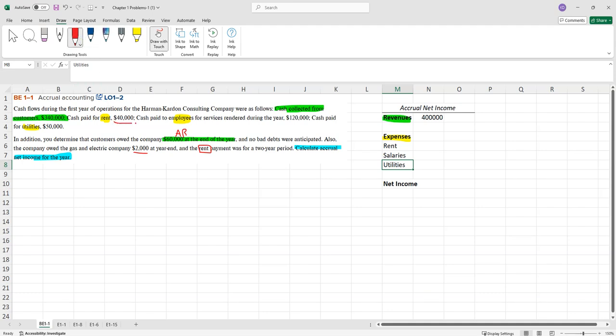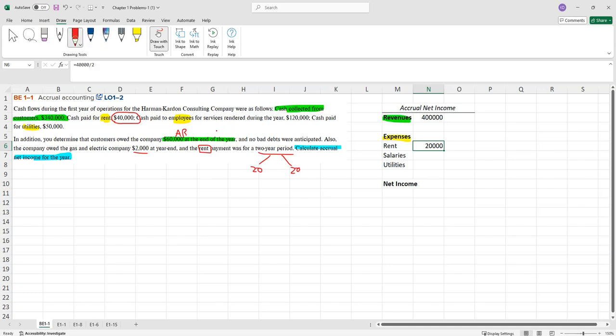We know that we paid 40,000 in cash, but here's the deal, that's for a 2-year period. So that was prepaid rent, of which 20 we used in the current year and 20 we'll use in the next year. So this is going to be equal to the 40,000 we paid divided by 2.